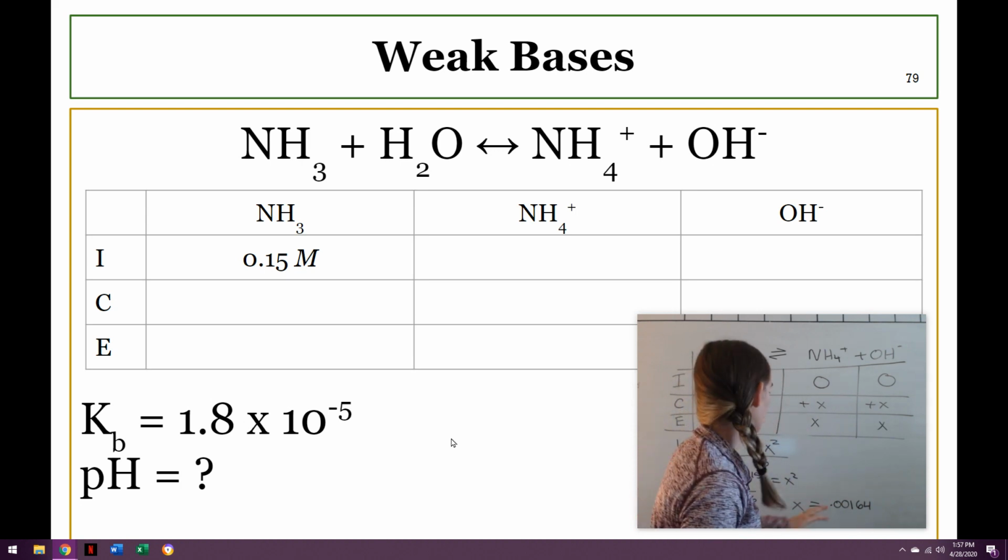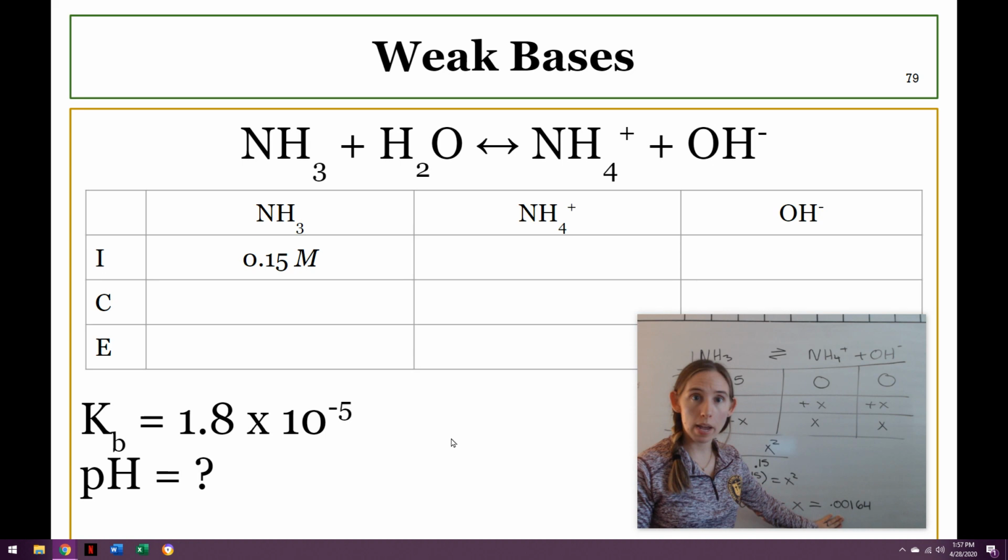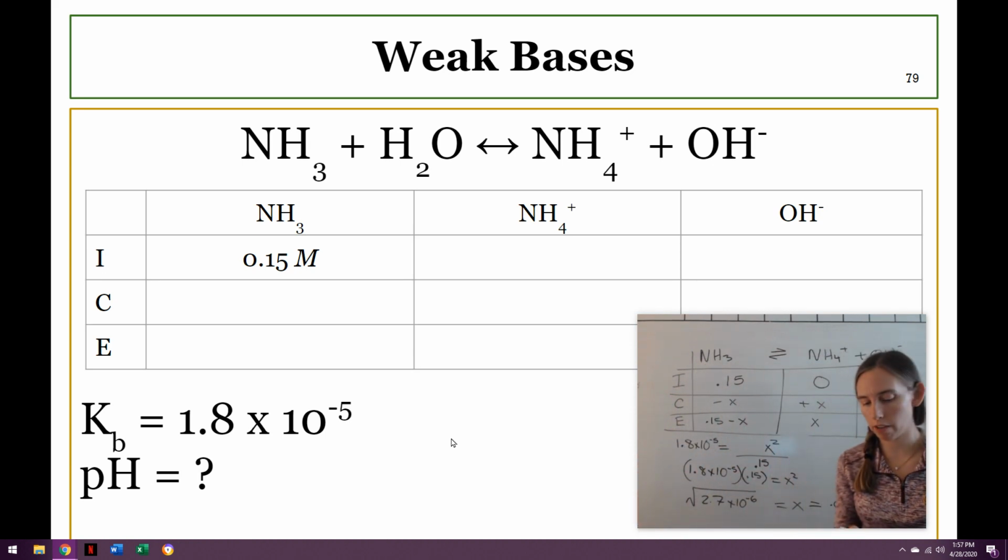So if we take the negative log of that, we're going to get pOH, not pH. But then, of course, we've got a quick fix to translate that into pH. So we have negative log of 0.00164.